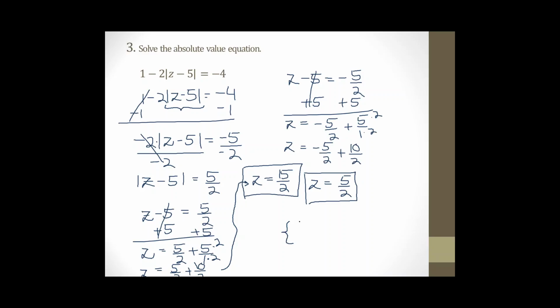Usually you write your solutions to an absolute value equation like that, and in your test make sure you write the smallest fraction or smallest integer first. In this case, the smaller of the two fractions would be 5 over 2, and then 15 over 2.